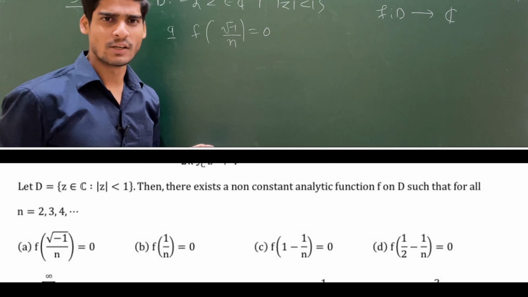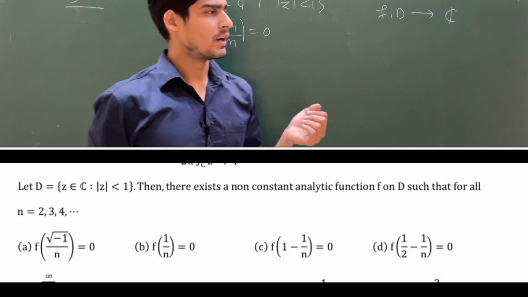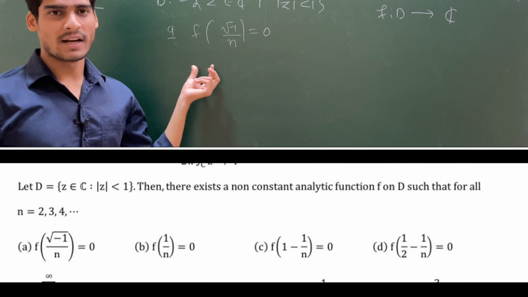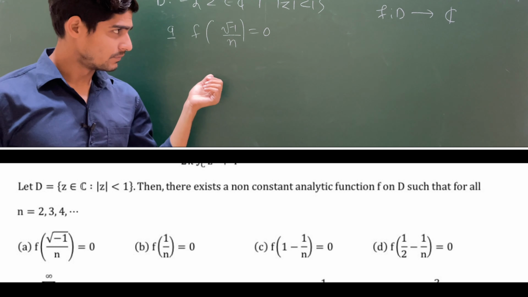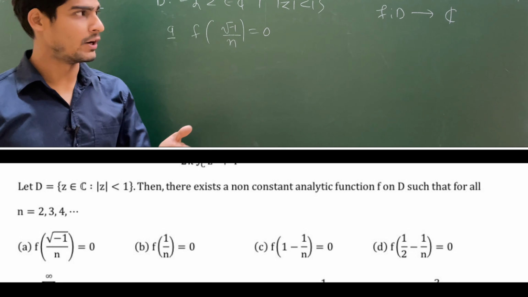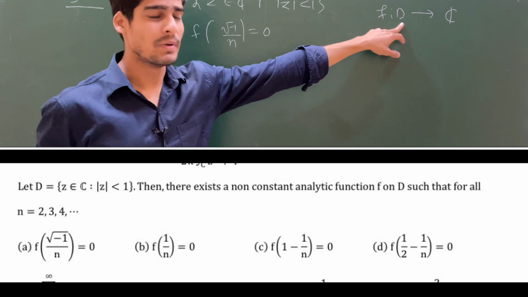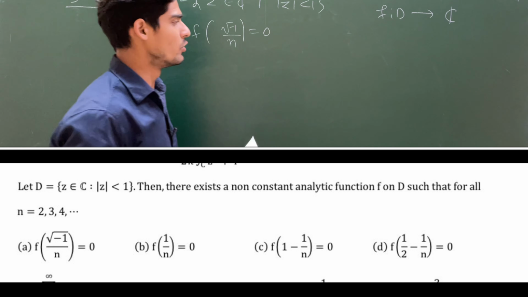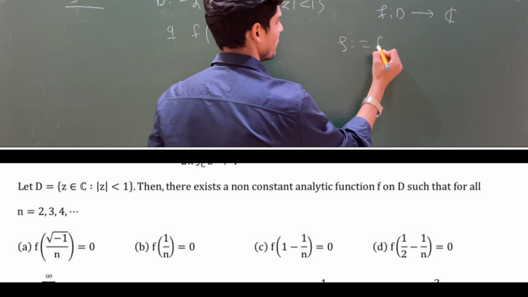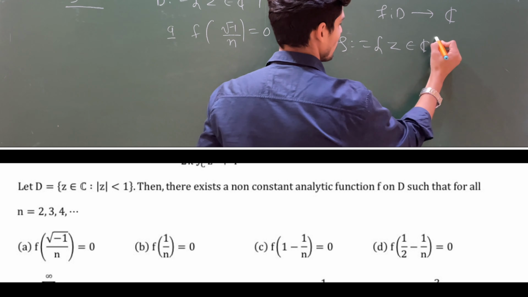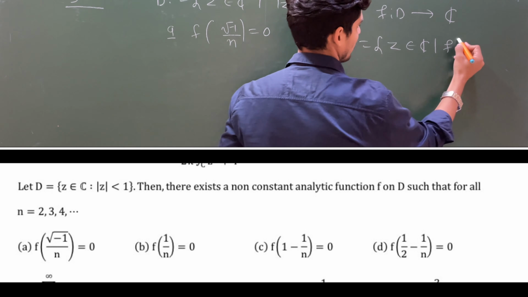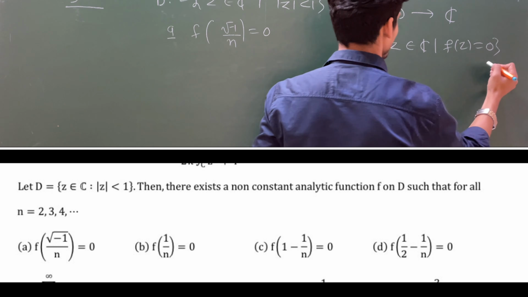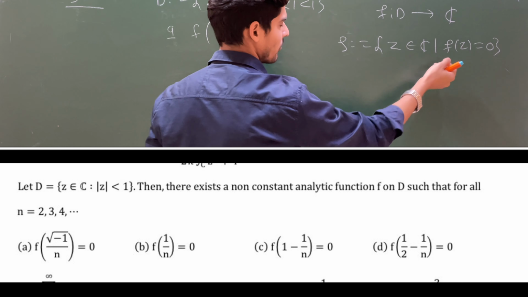You know the identity theorem. If you try to find the set of all zeros, and if the set of all zeros contains a limit point which is a member of D. If it is not a member of D, then it is not a problem. So if you see this set S is the collection of all complex numbers such that f of z is 0. So this is the collection of all zeros of f.